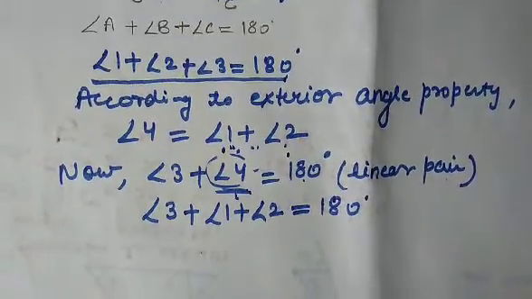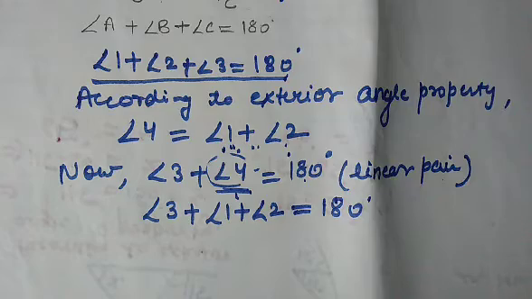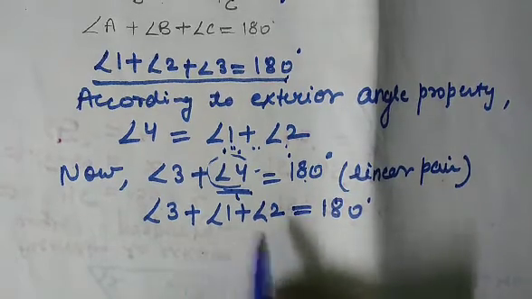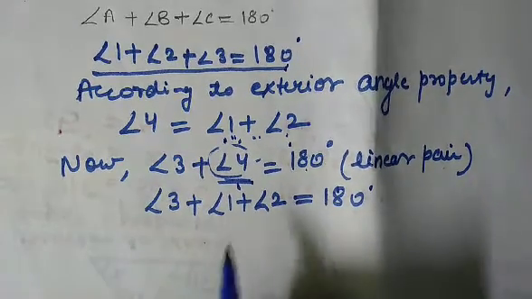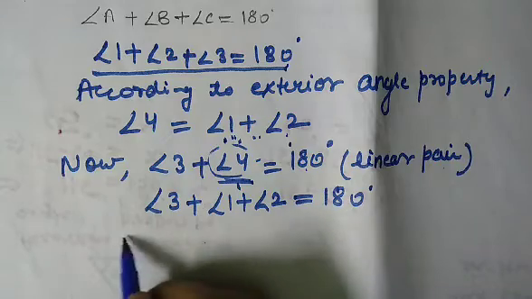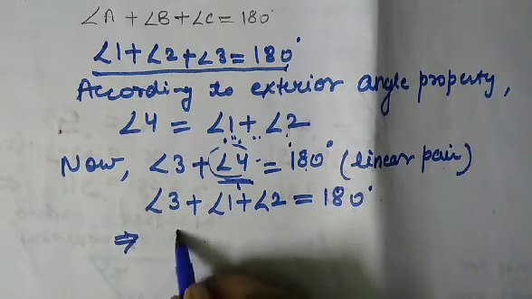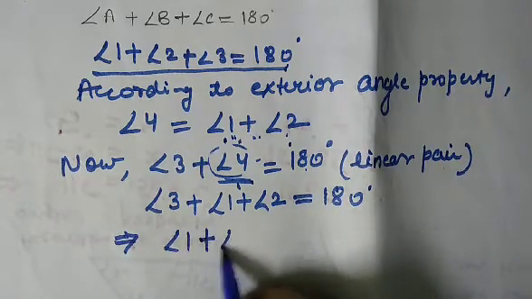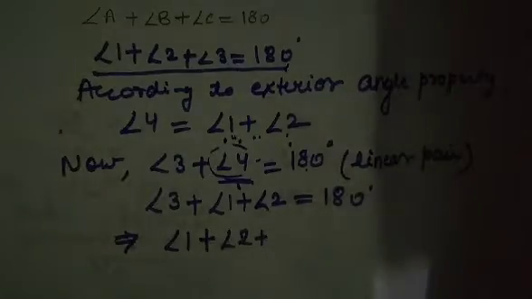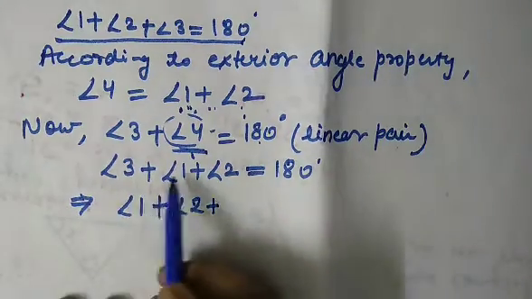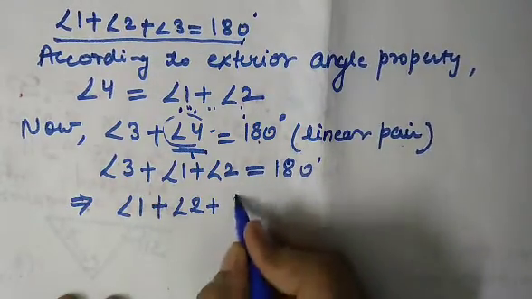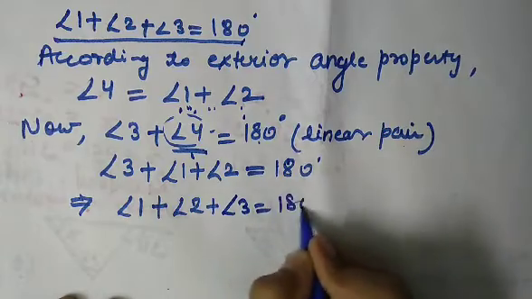Now as addition follows the commutative law, we can rearrange them. So that implies we can write this as angle 1 plus angle 2 plus angle 3 equal to 180.